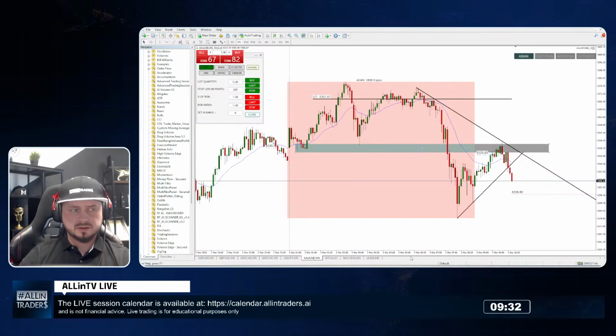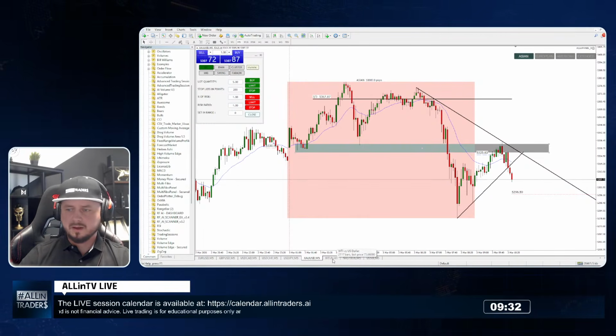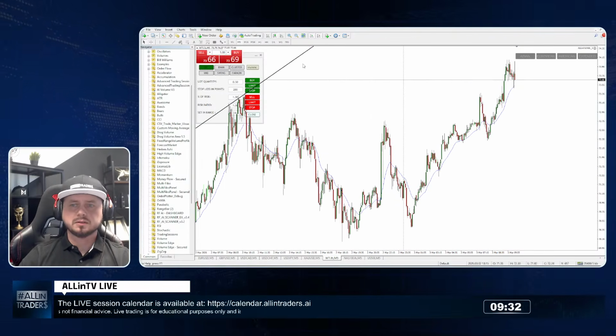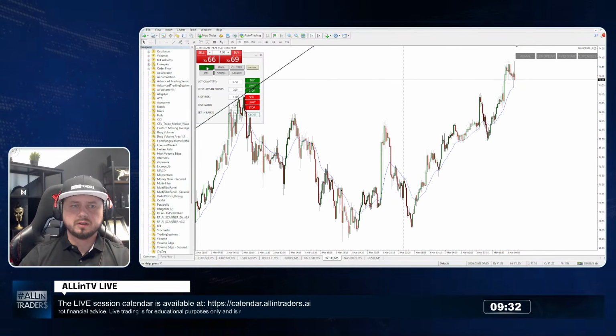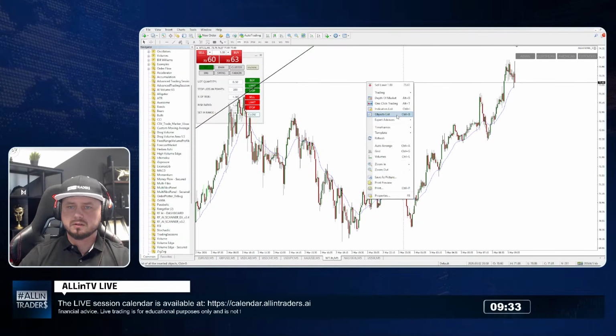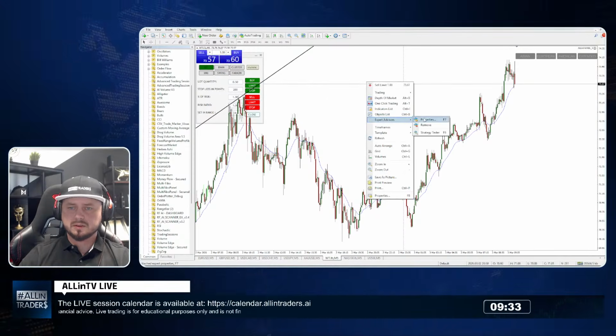And price is slowly dropping down. Okay, in the meantime, let's check, guys, crude oil. What's happening right here? Do we have any targets?